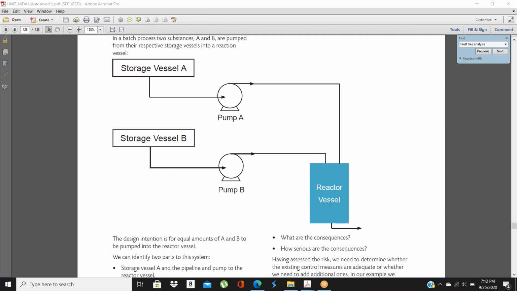We can also install a tubing system inside, where cold water or some cold refrigerant will move and take the heat outside from the reactor. So this is for the temperature.